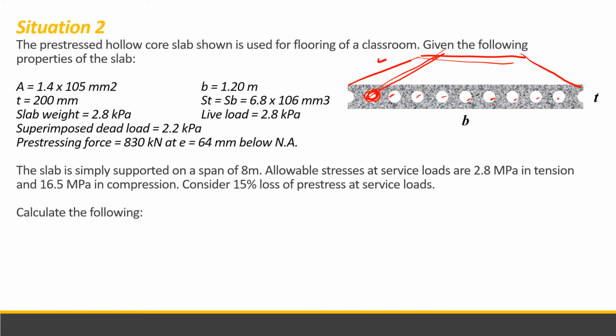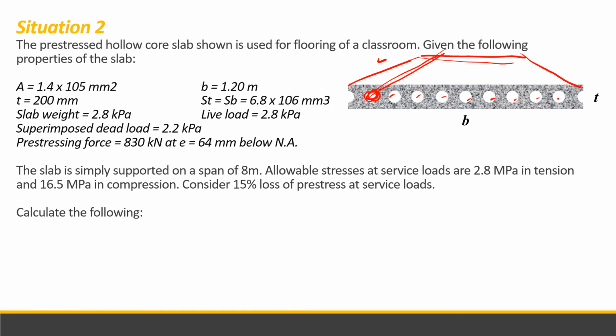Okay, so the properties of the slab is area. So yung area niya is 1.4 times 10 to the power of 5 millimeter squared. So thickness is 200 mm.